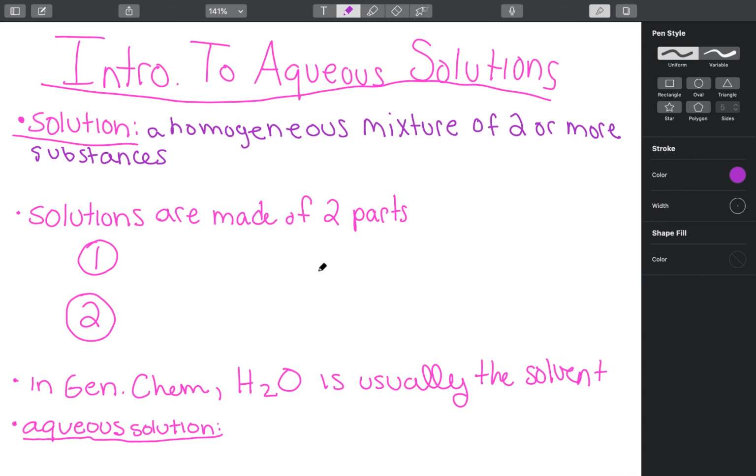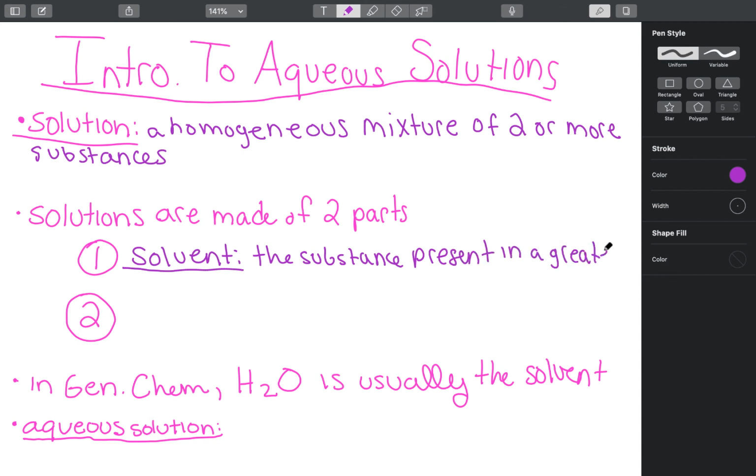So solutions are generally made up of two different parts. The first part is called the solvent. And the solvent is the substance present in a greater quantity.